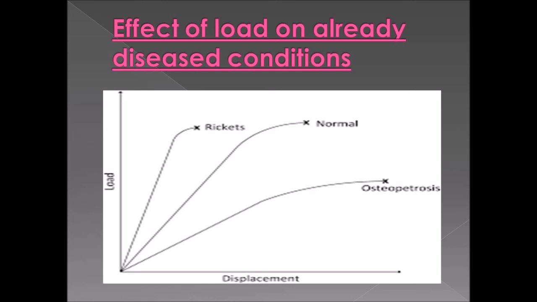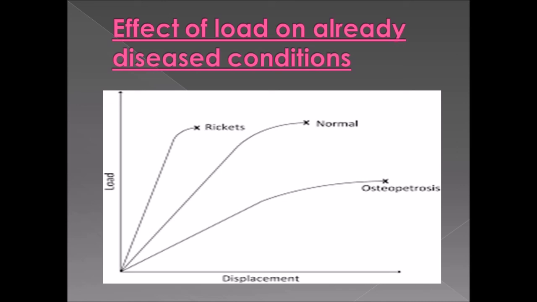It will deform elastically with much more load than the normal, but will fail or fracture very easily without getting much deformed before the fracture. Okay, so this is about the two conditions I have already taken, but ultimately if we have some body disease, it will always lead to some variations from the normal.